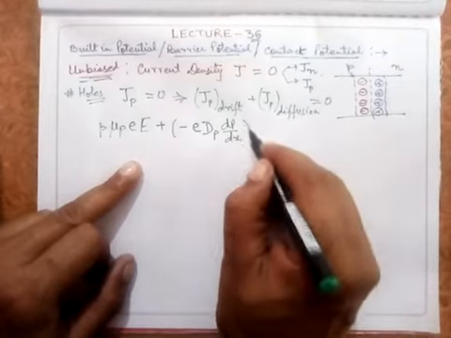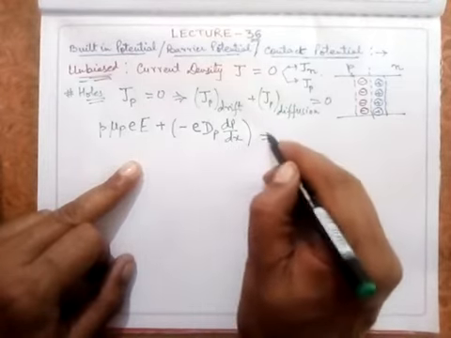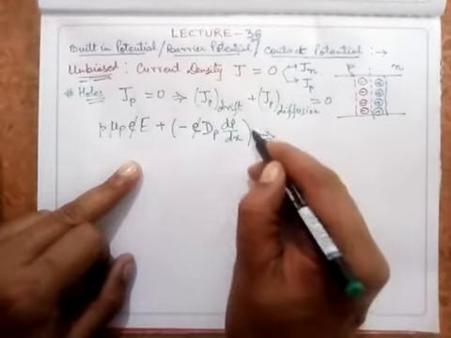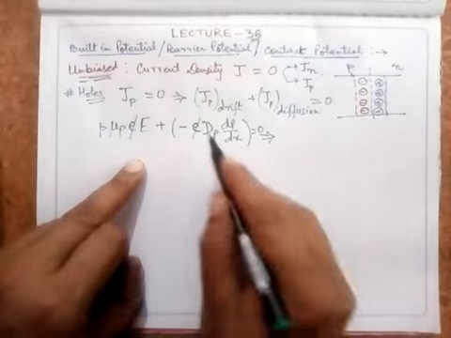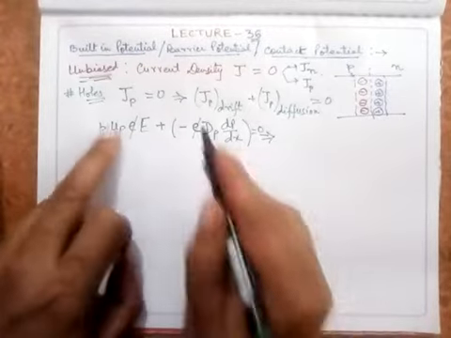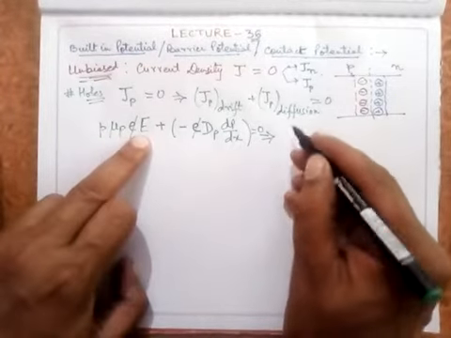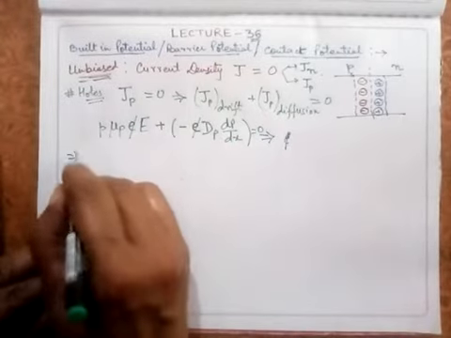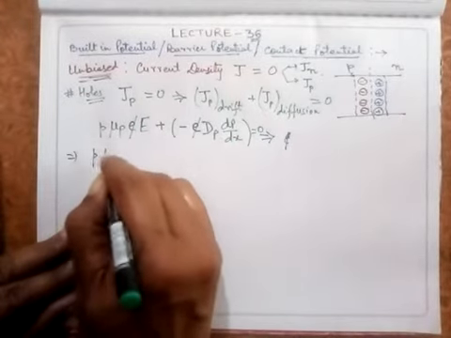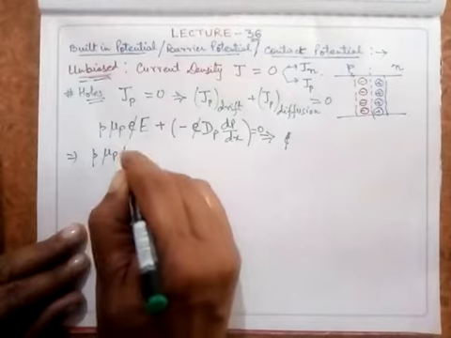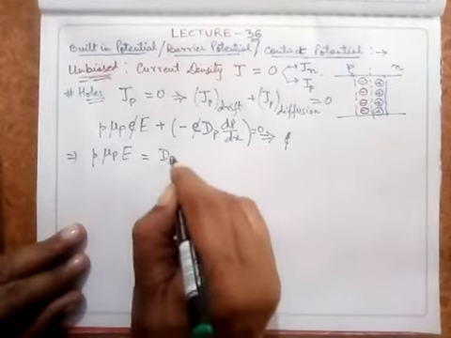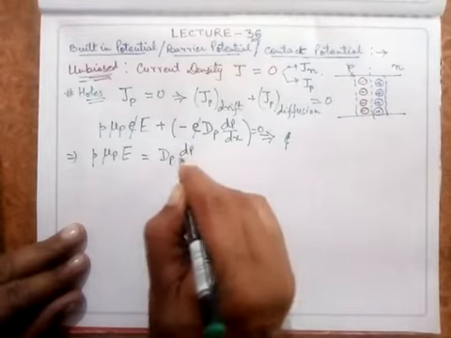Or from here I can say that, of course, this E will cancel, is equal to 0. Then I bring it on the right hand side, so you'll have P mu P into E. This implies that P into mu P into E is equal to Dp into dP of dx.